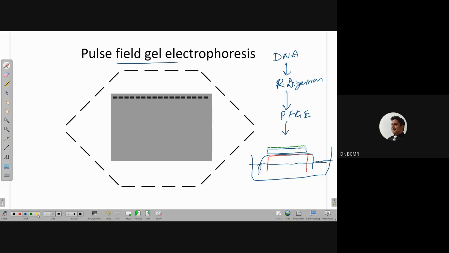And we'll put a lot of paper towels on top of it to create capillary action. So the buffer from the trough will be taken up, it will act as a wick and start moving upward through capillary force.